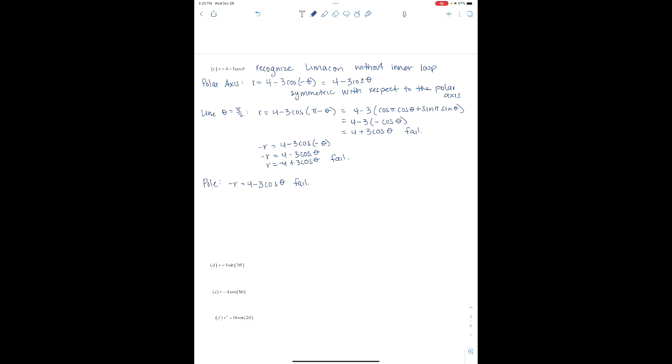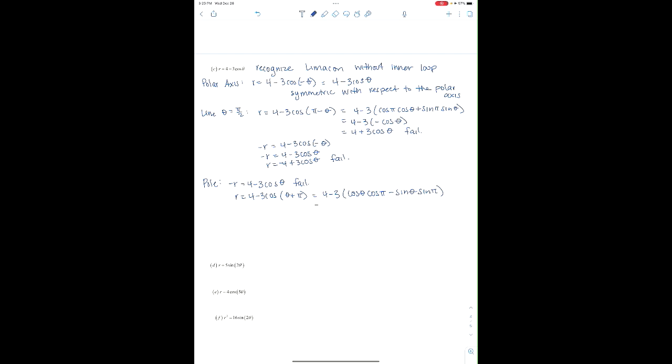I almost forgot, we have one last thing we check on the pole. Okay, so if we have r equals 4 minus 3 cosine, and we replace theta with theta plus pi, then we'll rewrite that with our trig identities. So we have cosine theta, cosine pi, minus sine theta, sine pi.